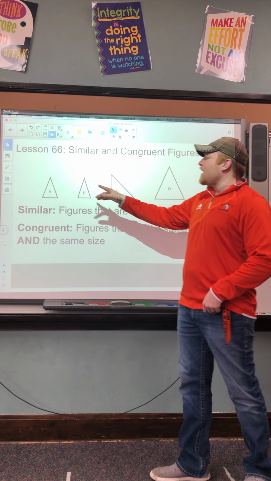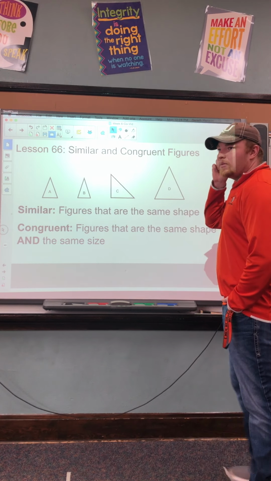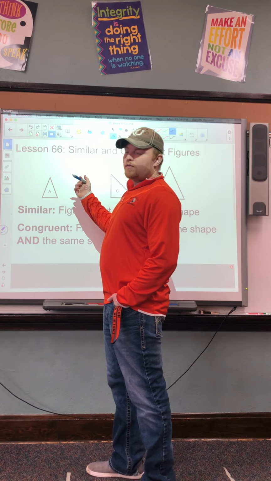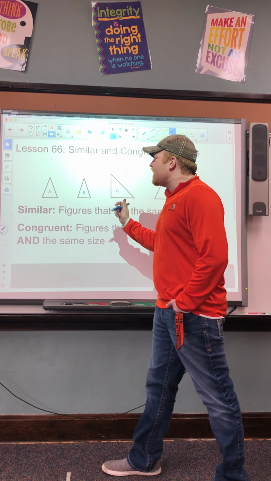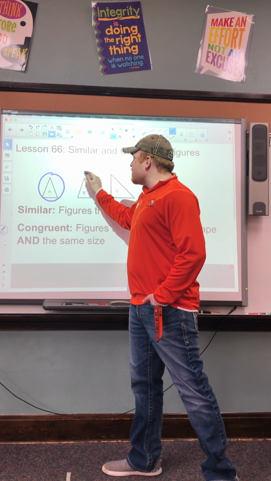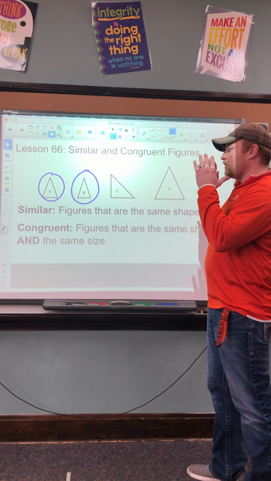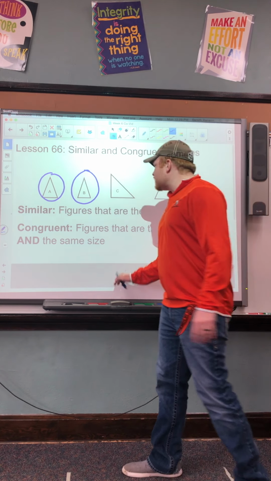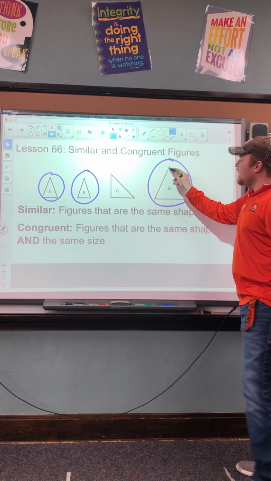Looking at these triangles here, which triangles are similar? For the triangles that look the same, A and B look the same. They're very similar triangles. And then you could say D can go with those because they're the same shape.